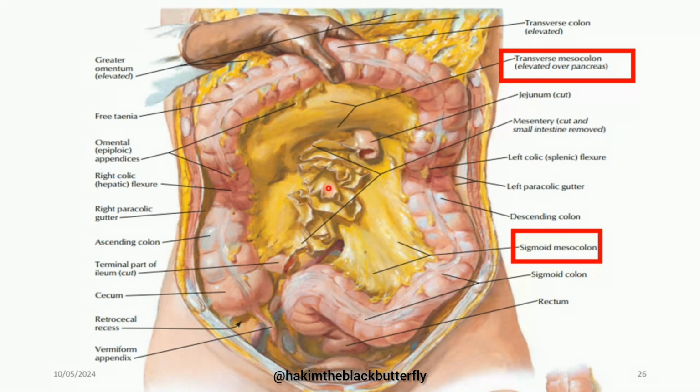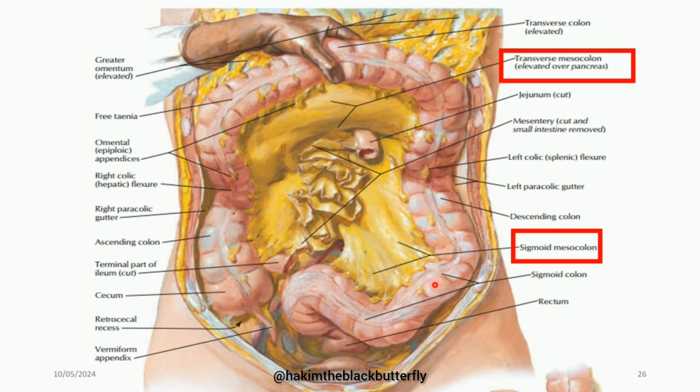The mesentery, as it has been cut out here in this image, was connecting your small intestinal coils indirectly to the posterior abdominal wall, allowing them to freely hang in the abdominal cavity. But those coils have been removed; they are not here. Then you can see our sigmoid colon.